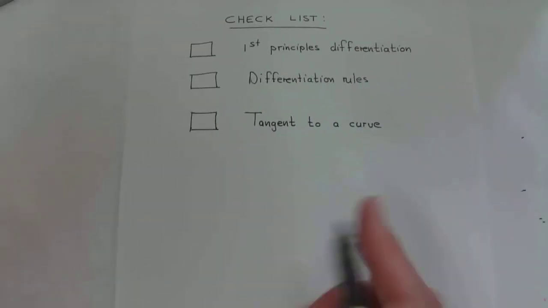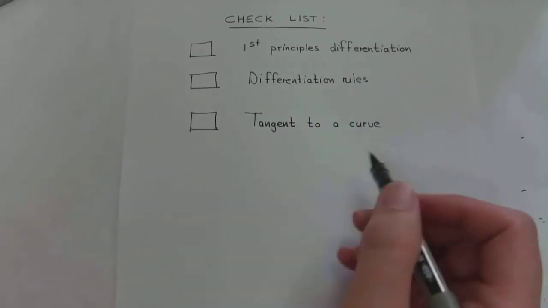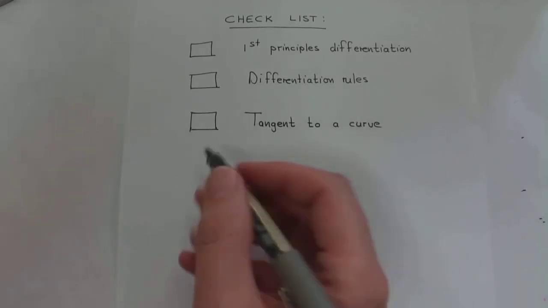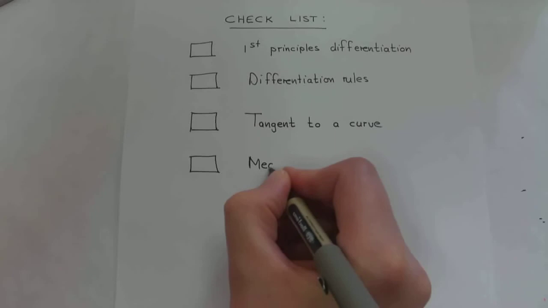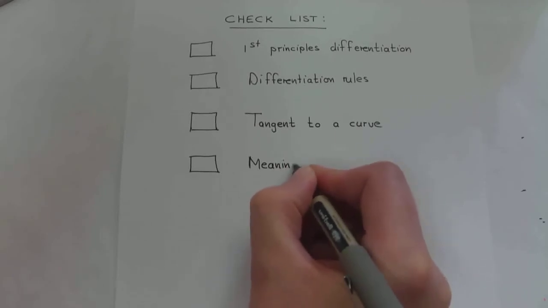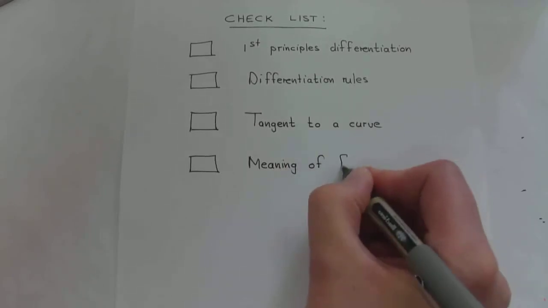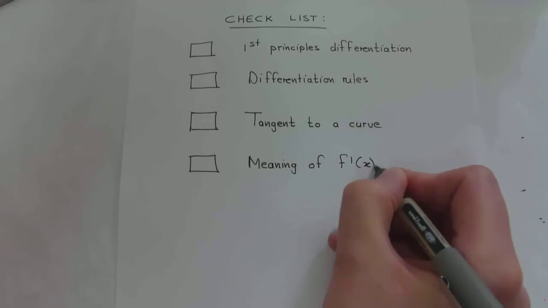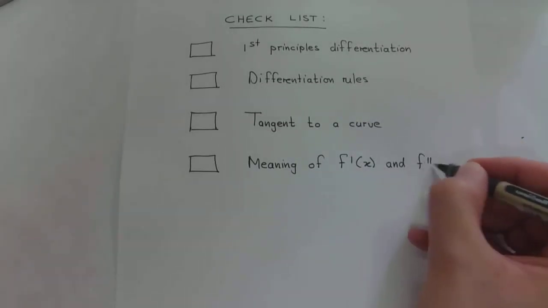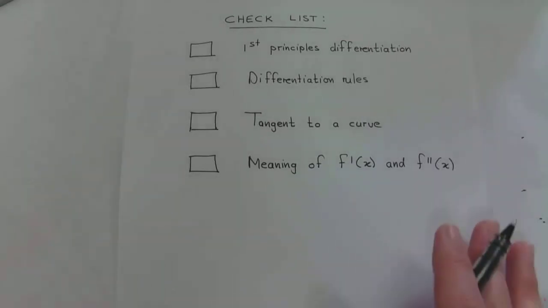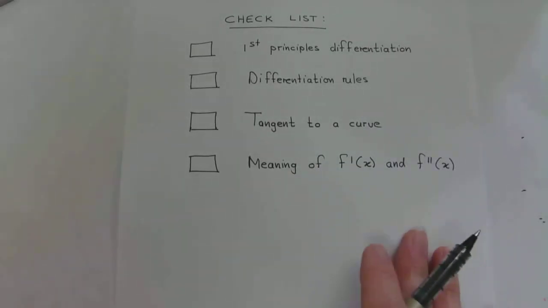Then you also need to know the meaning of the derivatives. So the meaning of the first derivative, which talks about gradients, so increasing and decreasing, and then the second derivative, which talks about concavity, concave up and concave down. You need to understand this.